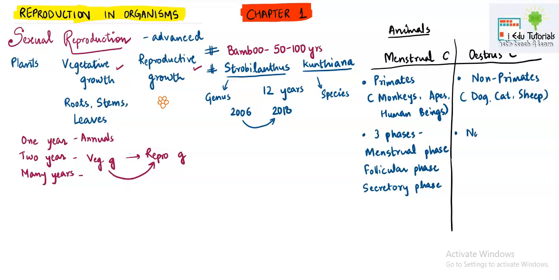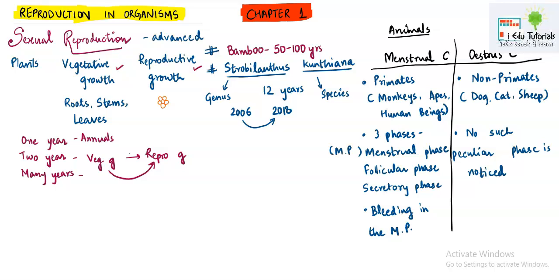In the oestrus cycle, no such peculiar phase is noticed. The oestrus cycle does occur, but it is not divided into phases as the menstrual cycle is. Now the menstrual cycle has bleeding in the menstrual phase, so you need to write in full: bleeding in the menstrual phase. Here no bleeding occurs.